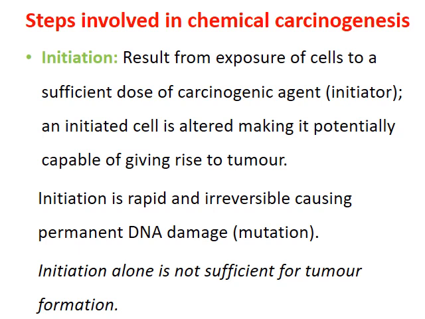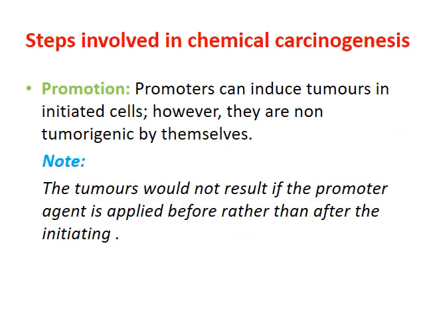This change is rapid and irreversible, but it's not enough to be transformed into neoplastic cells. So the cell must pass into another step of chemical carcinogenesis, what is called the promotion. Now the promoter will have an effect on these initiated cells in order to change them into neoplastic cells.